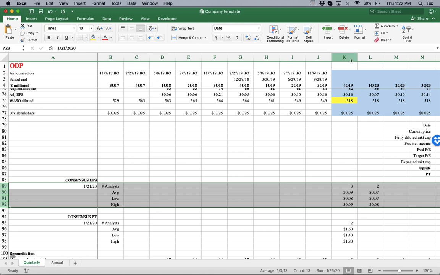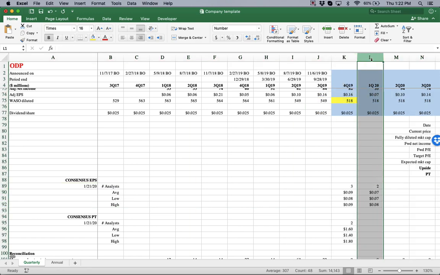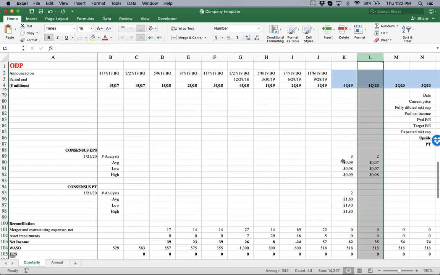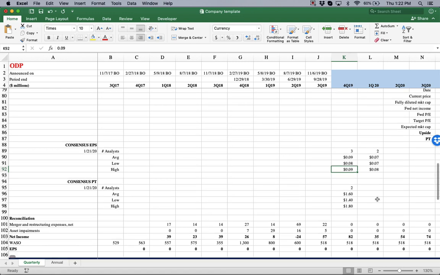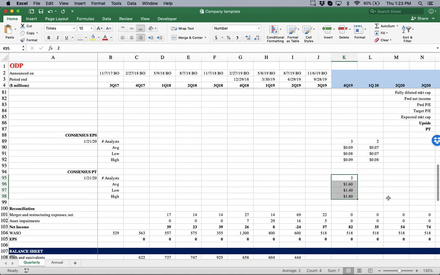So here we have for the fourth quarter and the first quarter of 2020 the number of analysts that submitted estimates, the average estimate, the low estimate, and the high estimate. And so you can use this to compare to your estimate. And if your estimate is a bit different than this, it doesn't necessarily mean that it's wrong. You just need to have a reason for why your estimate is deviating so much from the consensus. And then here also we have the consensus price target, so you can compare that to your price target estimate.